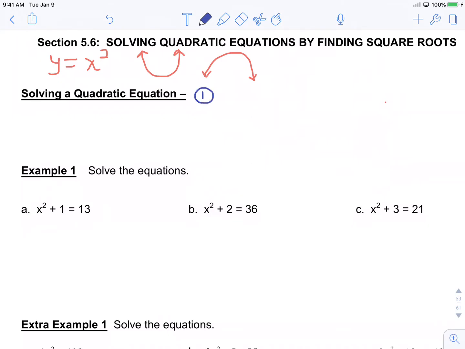So the first step of solving a quadratic equation is to isolate x squared. Remember, isolate means get the variable by itself.